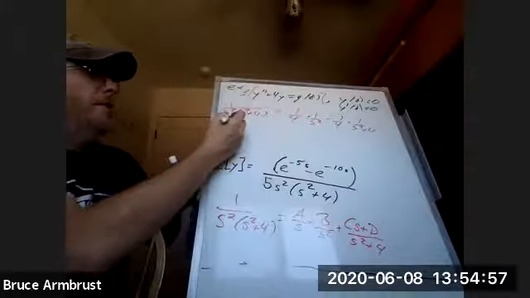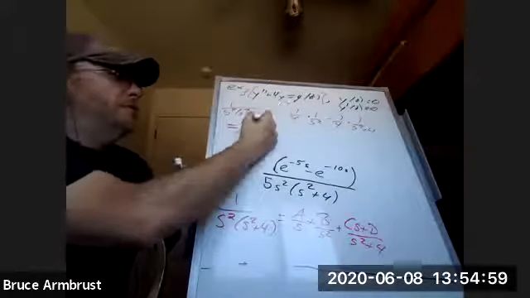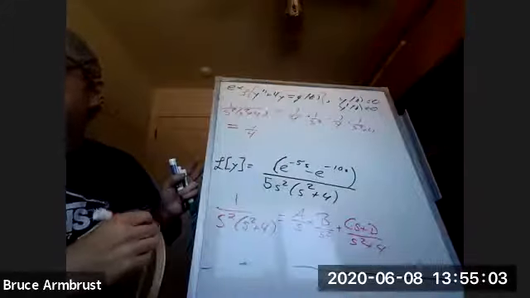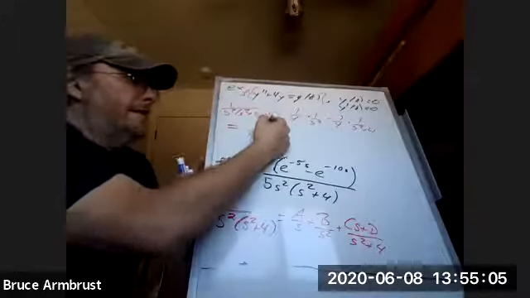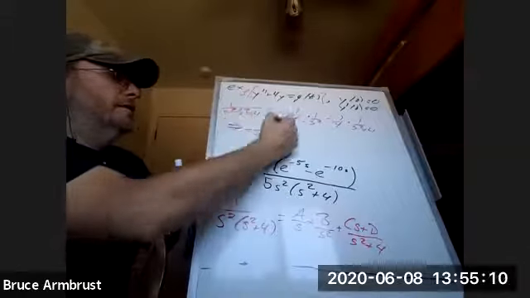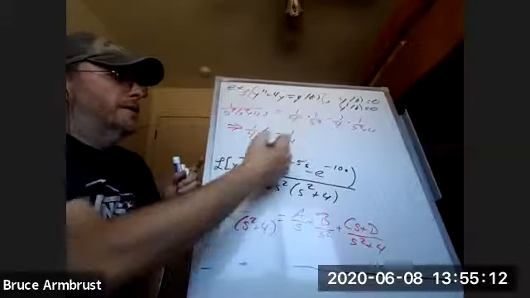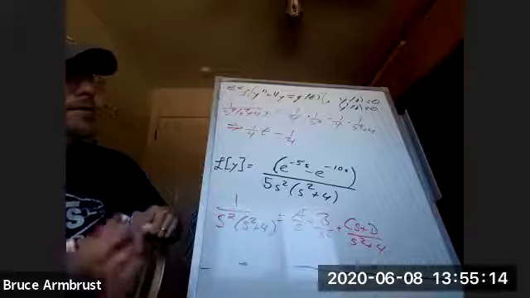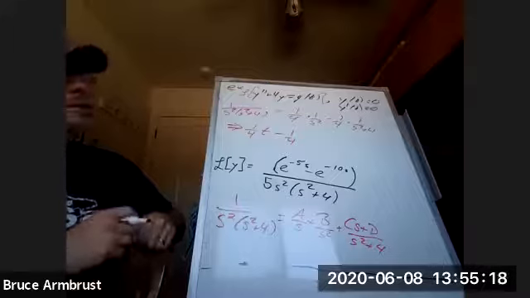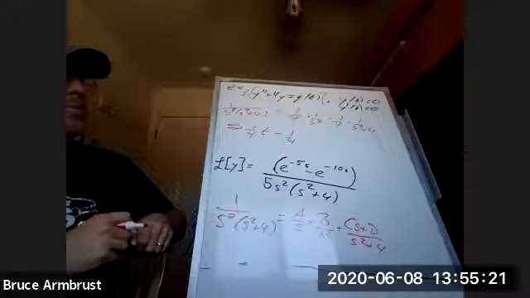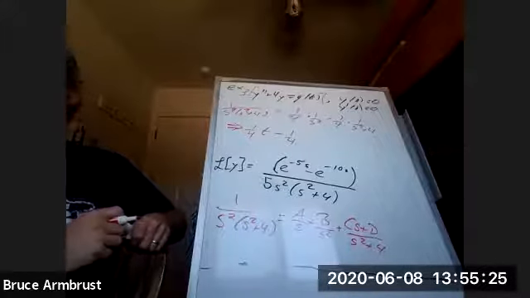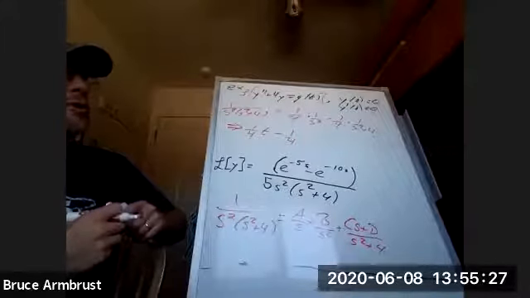Okay, so let's think about what this function is going to look like. The 1/4 is 1/4, but the 1 over s squared, that's a t. The next one, the 1/4 again is a 1/4. But 1 over s squared plus 4 looks like the form a over s squared plus a squared, where a would equal 2.